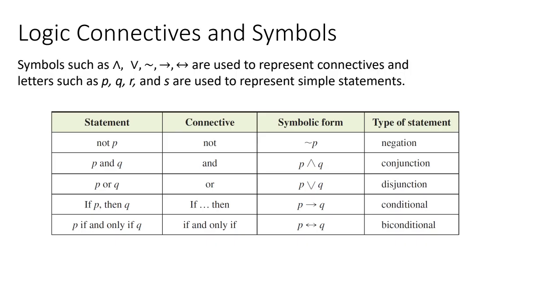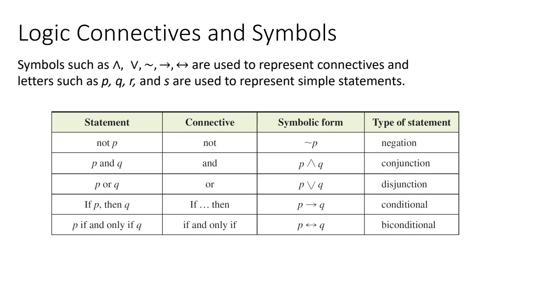And we represent it by using what I call the wiggle line. Statements are going to be represented by lowercase letters such as P, Q, R, S, W. We usually use those type of letters, although it could be any letter. If I want to say the opposite, the negation of P, the opposite of what P is saying, then I use that wiggle line next to P.